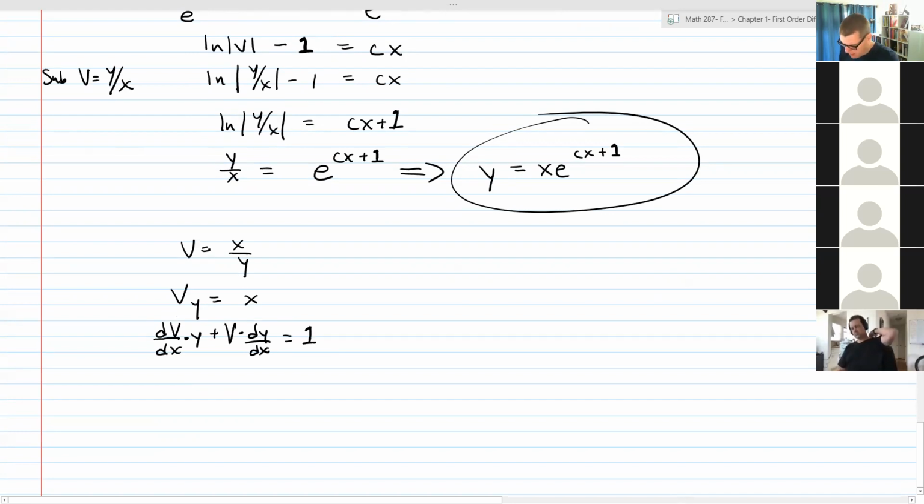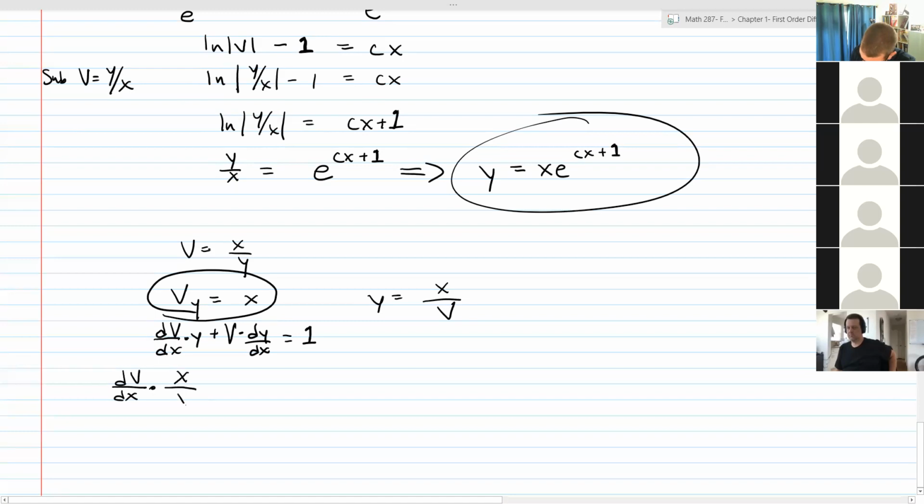Now remember that y equals x over v, so we get dv dx times x over v plus v times dy dx equals 1. Probably should have done this the other way around, but who cares.